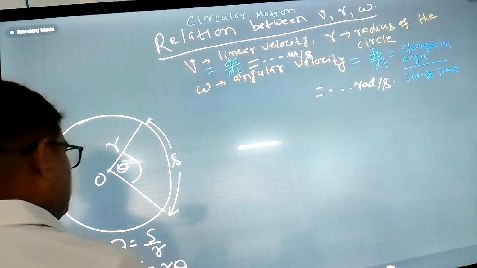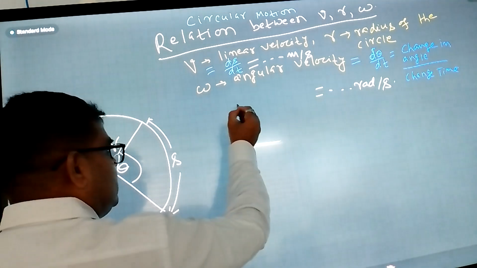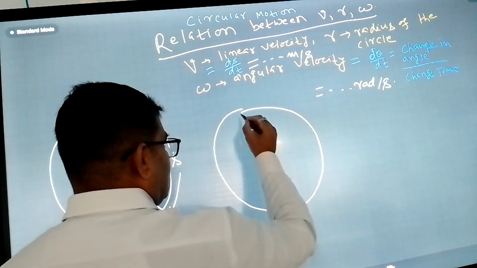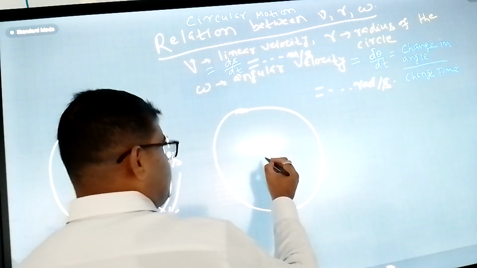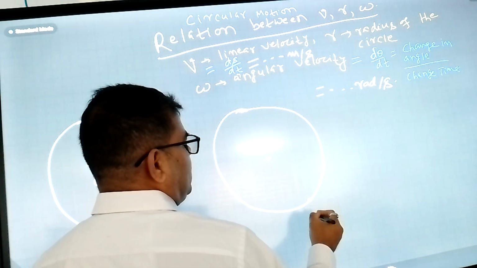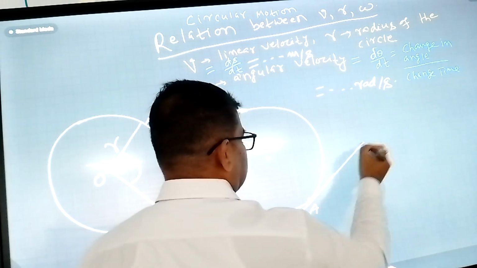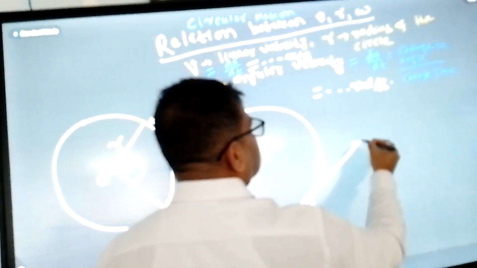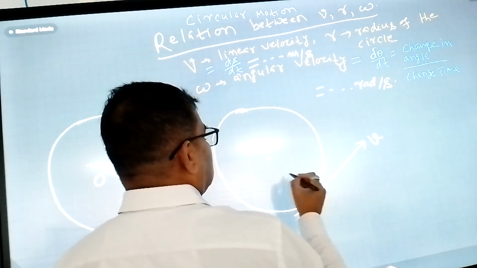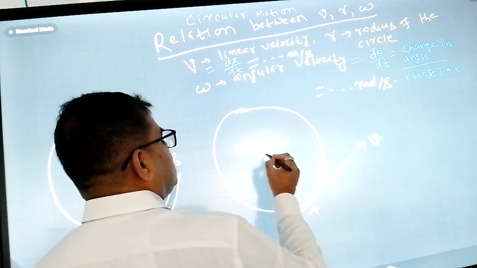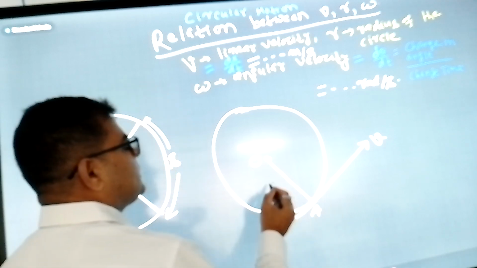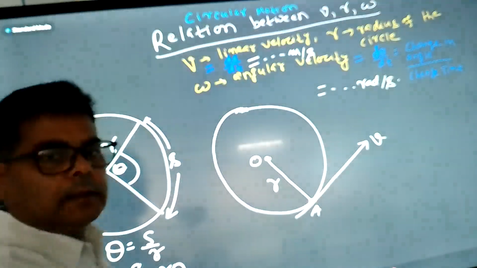Now, in order to prove this, we'll check it later. Firstly, let's consider a circular motion. Here it should be a complete circle. For example, a particle is at position A and moving in this direction, so it is tangent here, and say its speed is V. This is the center, which you can call O, and the line joining the center to the circumference is the radius of this circle.